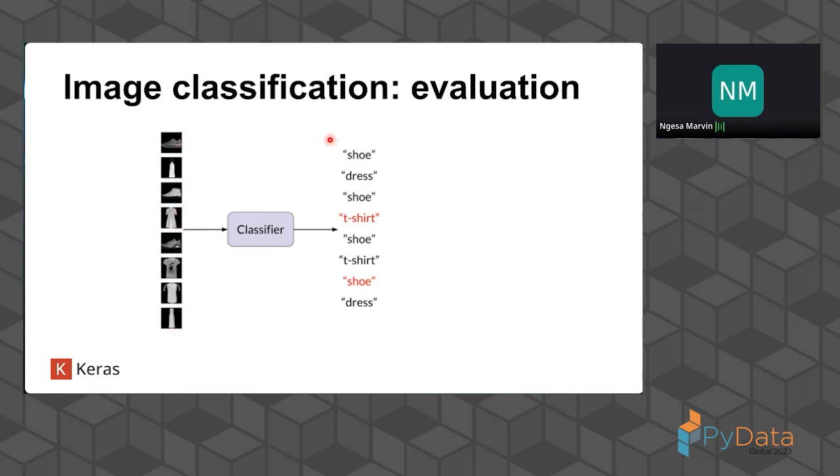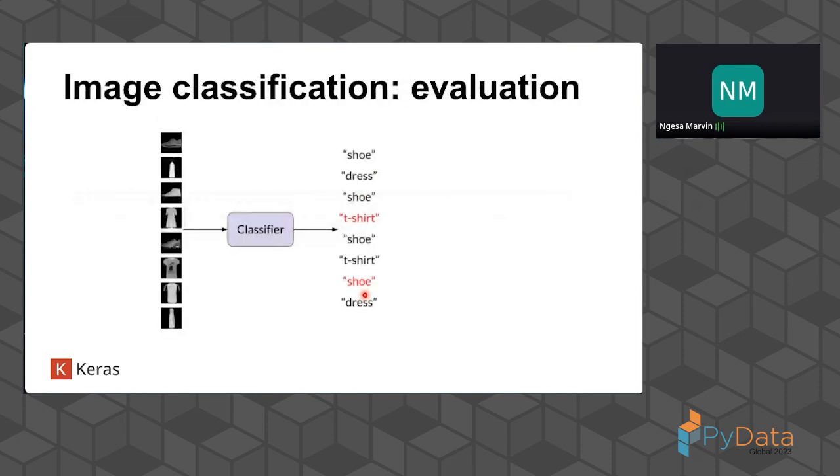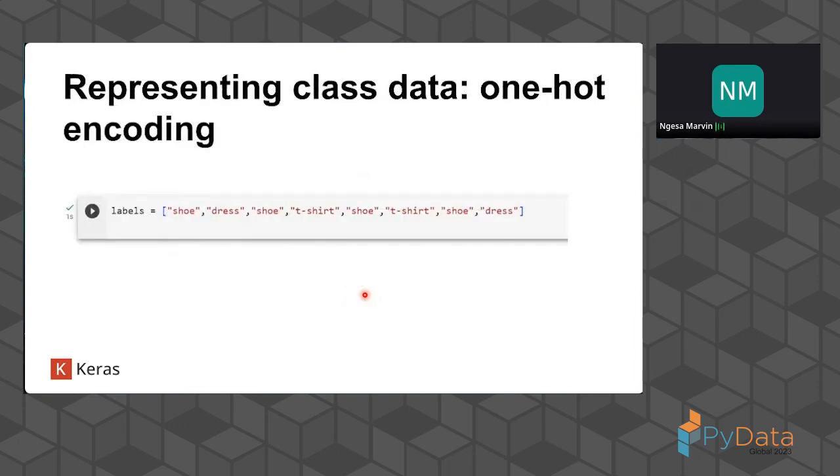You have dress, you have shoes, you have different types of them, and this could be our labels on our photo. Once you have them, maybe you can decide to convert all this into a list. You can define a variable here called label and then put all those things in a list like this one here. But these are still numbers.